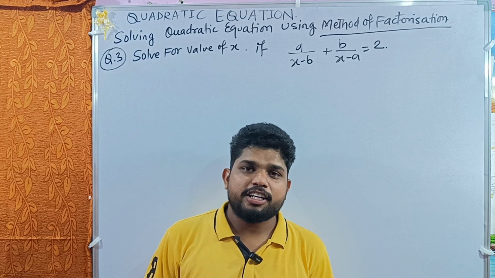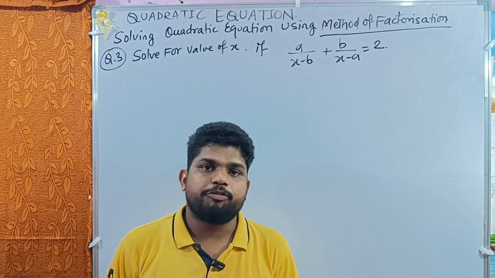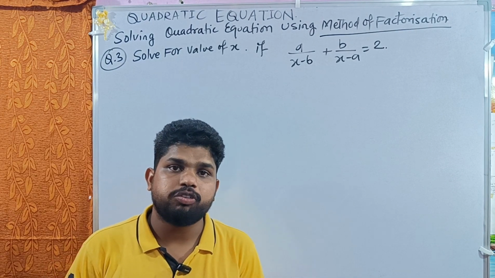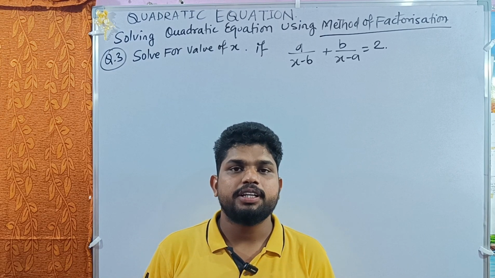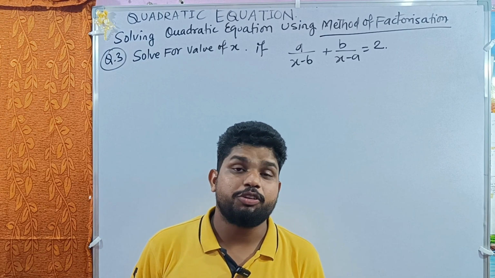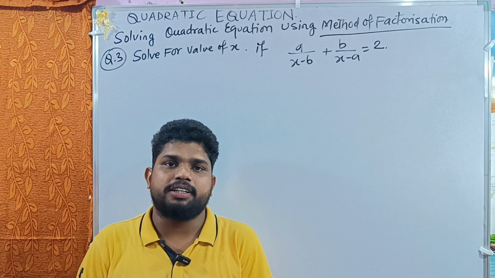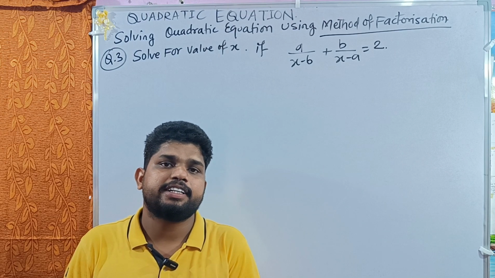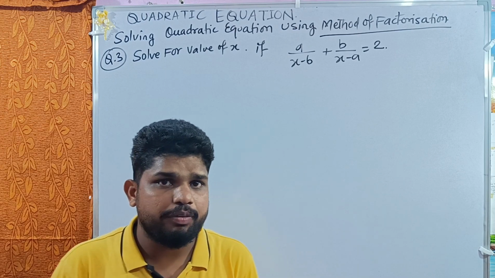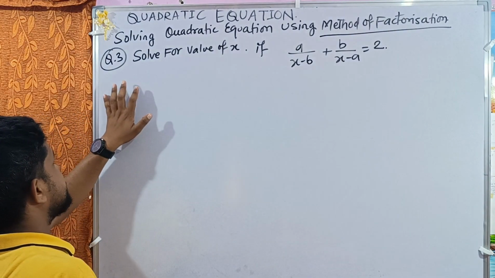Dear students, there are some questions which ask you to find the value of x by using the method of factorization, which requires both methods as helping methods, like the question that I have given on the whiteboard, which you can see right now.